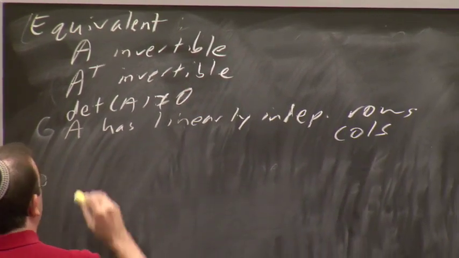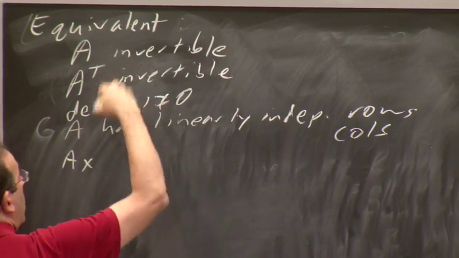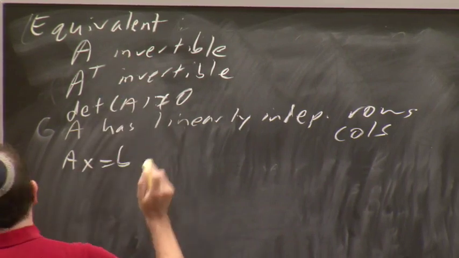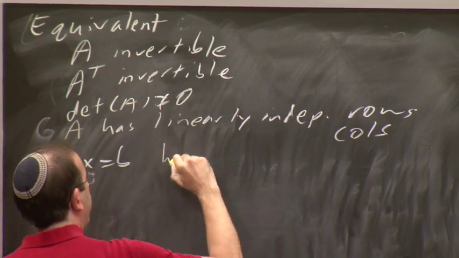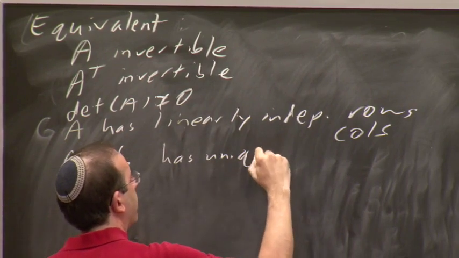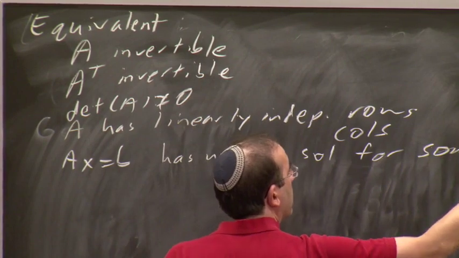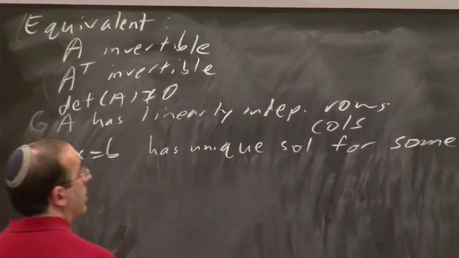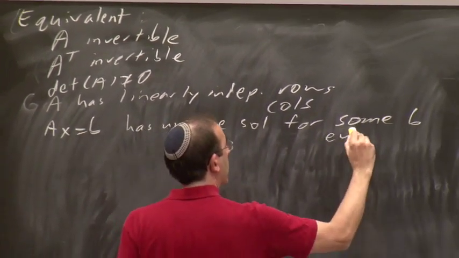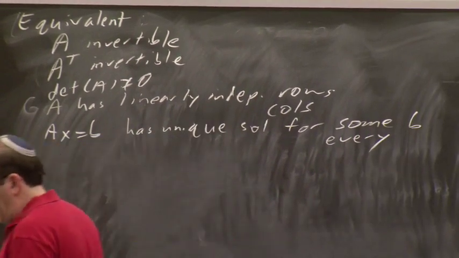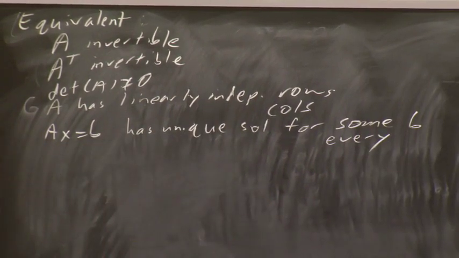These are equivalent. Under any of these criteria, AX equals B has a unique solution for some B. And in fact, if the solution is unique for some B, then it's actually unique for every B because A is invertible and so forth.